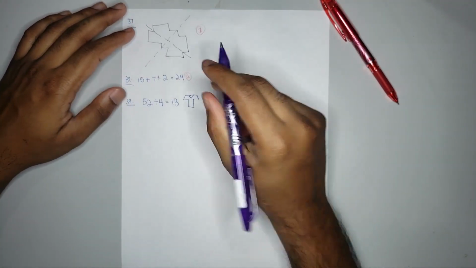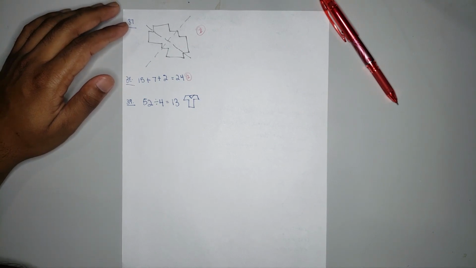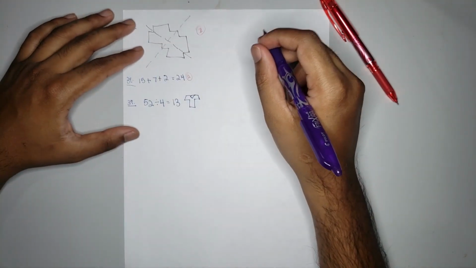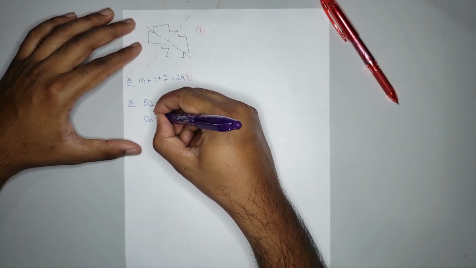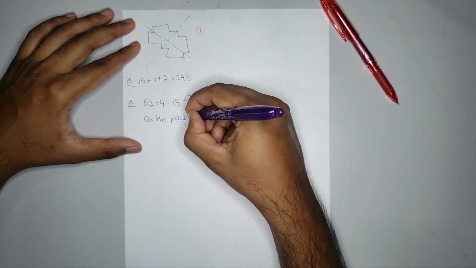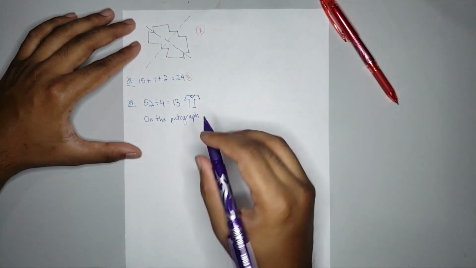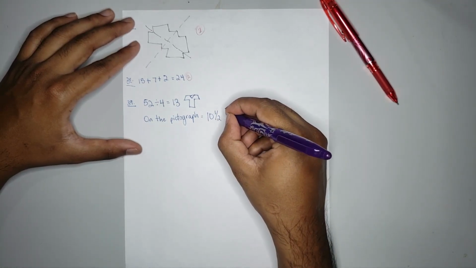From the pictograph, we can see there are 1, 2, 3, 4, 5, 6, 7, 8, 9, 10 and a half of the graphic.